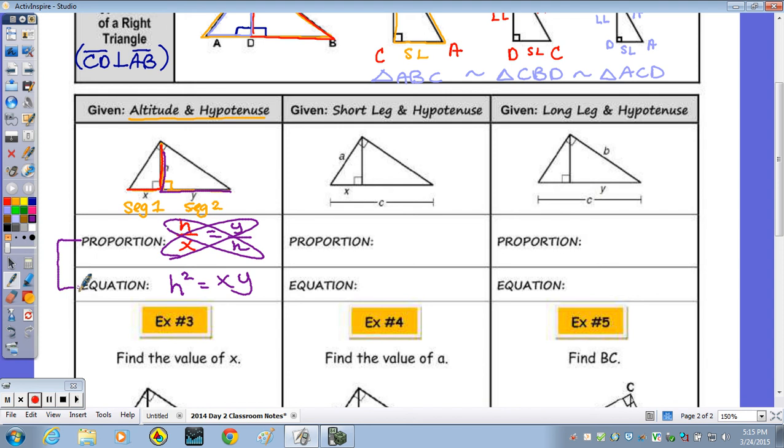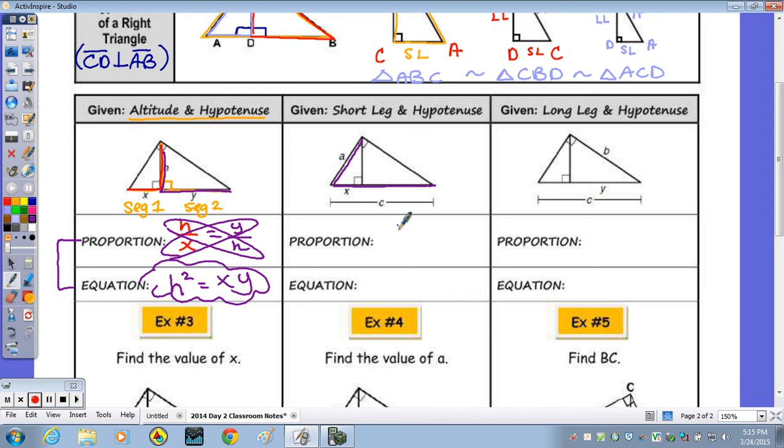So anytime you're given the altitude and hypotenuse, I tend to use the equation, just because I know the altitude squared is equal to segment 1 times segment 2, but that's up to you. Now in the next one, we're looking at the bigger triangle in which we have the hypotenuse and short leg.